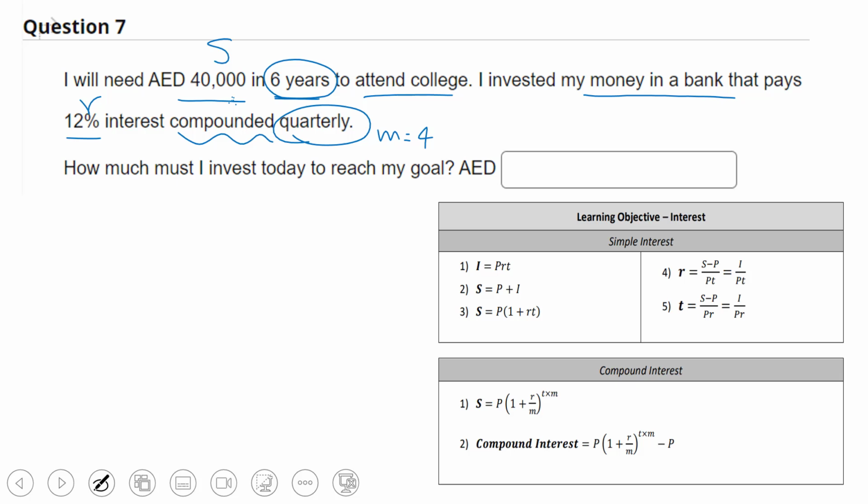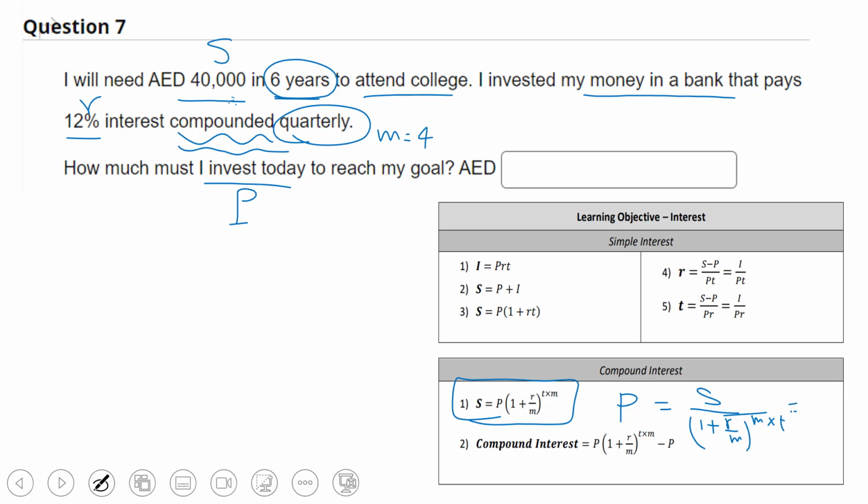Okay. He's asking you about what? How much you invest. Anything you invest is the principal amount, P. So which formula you are going to use? Yes, you are going to use compound interest because he said compound here. Okay, so P equal to S over 1 plus R over M to the power M times T. Just plug in the number.